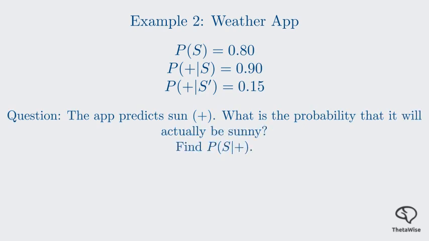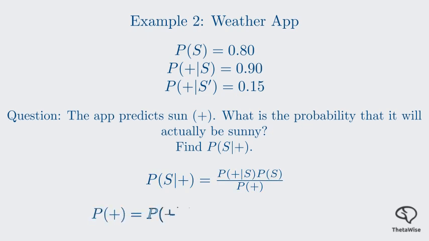Let's set up our Bayes theorem. It's the probability of the app predicting sun if it is sunny, times the probability of sun, divided by the overall probability of the app predicting sun. Again, we need P of plus, using our trusted law of total probability. The probability of a positive prediction is the probability of a correct positive plus the probability of a false positive.